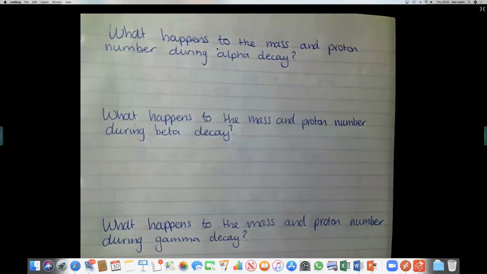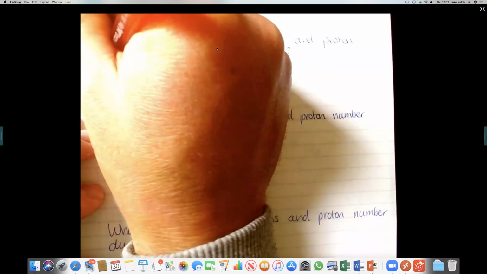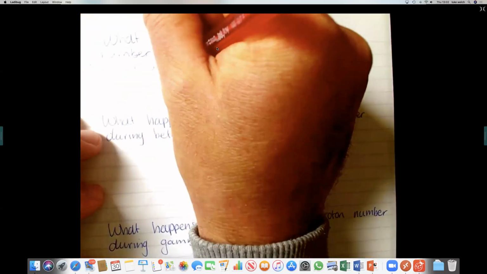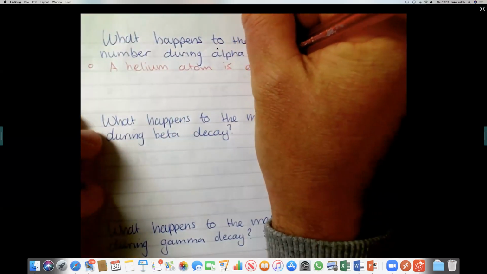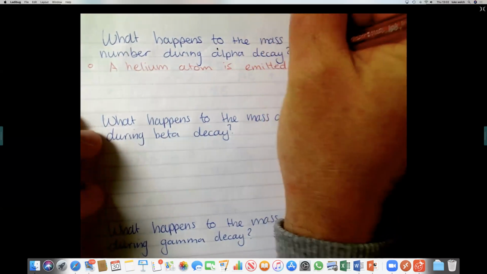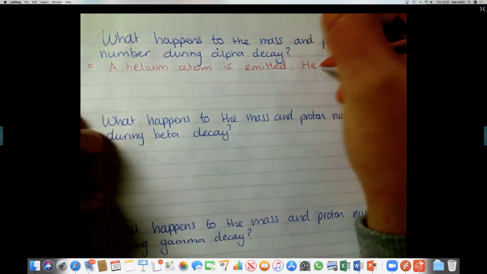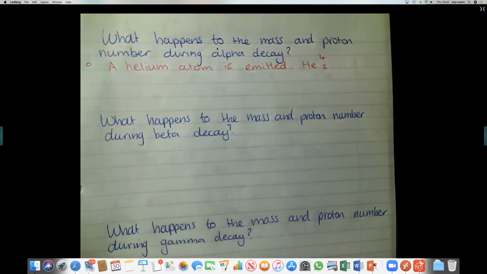First of all, we're going to look at what happens to the mass and proton number during alpha decay. Now, during alpha decay, a helium atom is emitted. Okay, and let's remind ourselves that helium atom looks like this off our periodic table, 4, 2.